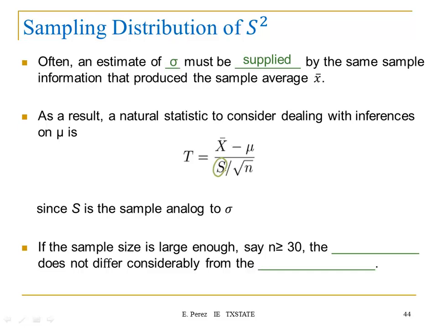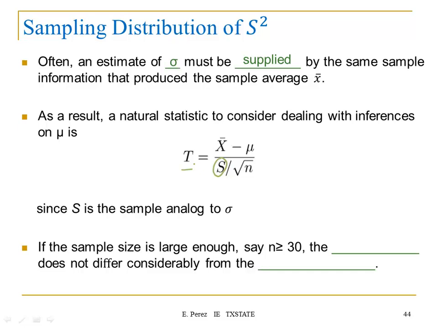So if we know the population standard deviation, then you can use the z. But if you don't know that population standard deviation, then you can estimate it from the sample, and you can still use this t-statistic to find the probability. Okay, so this is a different statistic. This is the t-statistic.